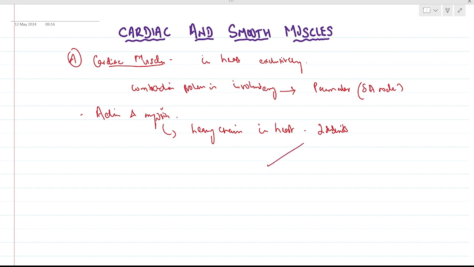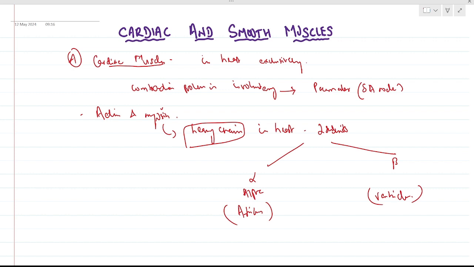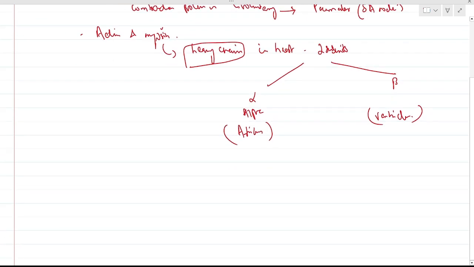The first is the alpha subunit, A for A, present in the atrium. The other subunit is beta, present in the ventricles. A for A, alpha atrium, B in ventricles. Remember, only heavy chain. Along with actin and myosin, these are the contractile proteins.